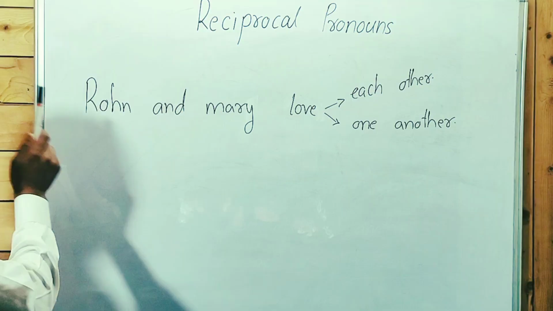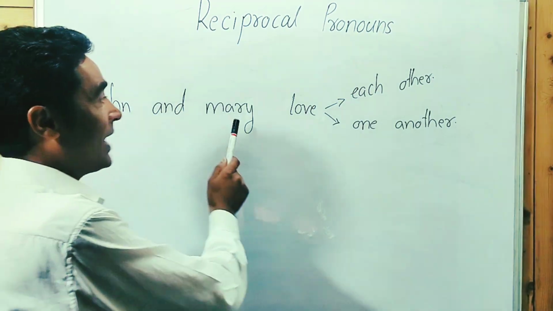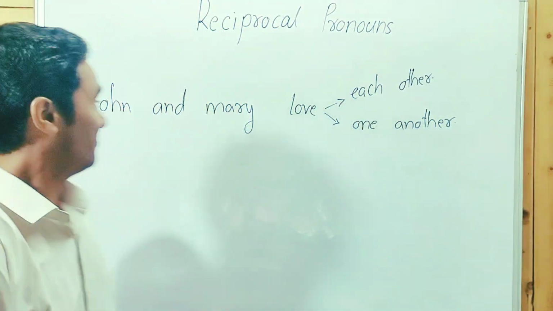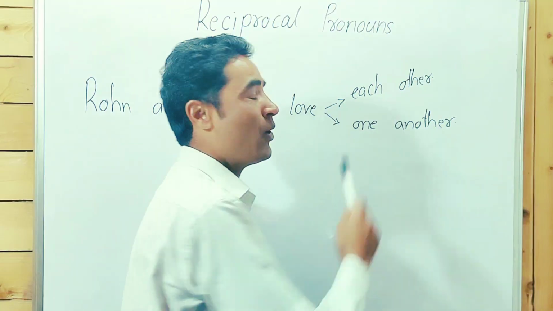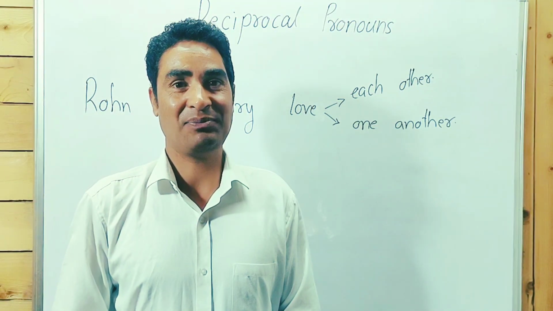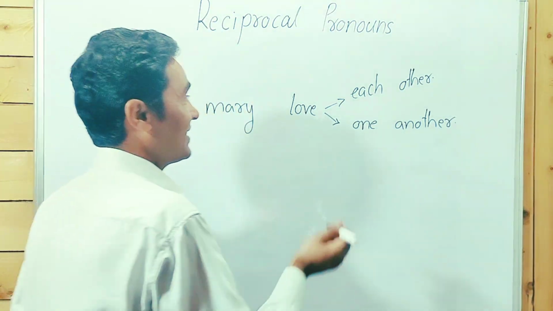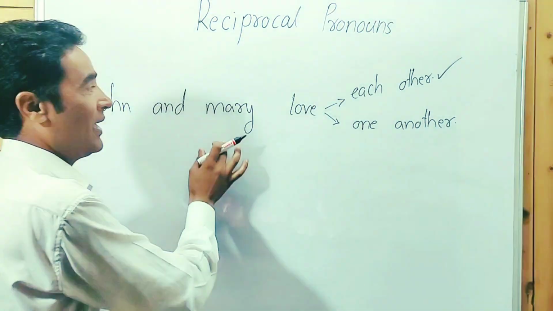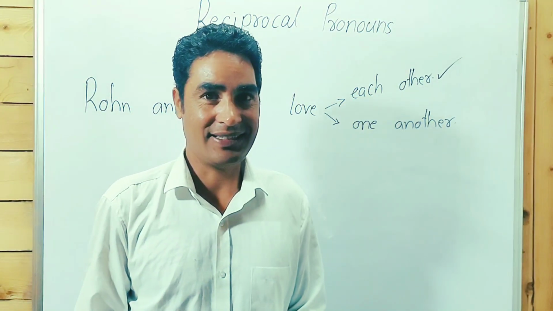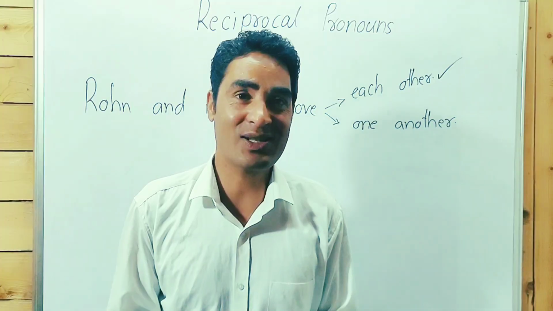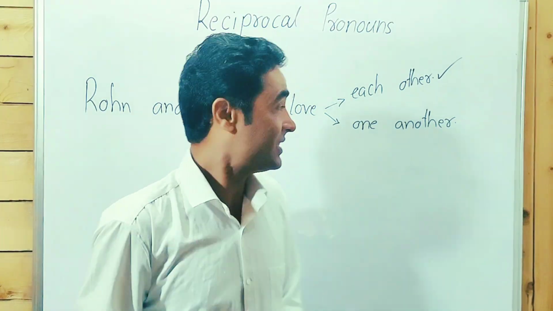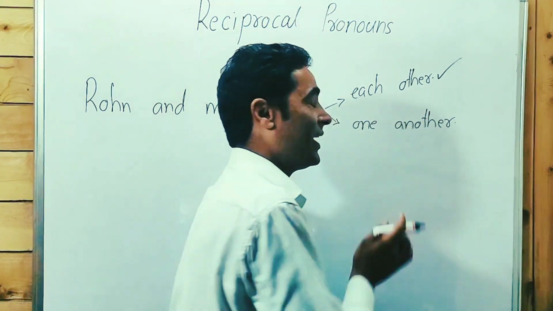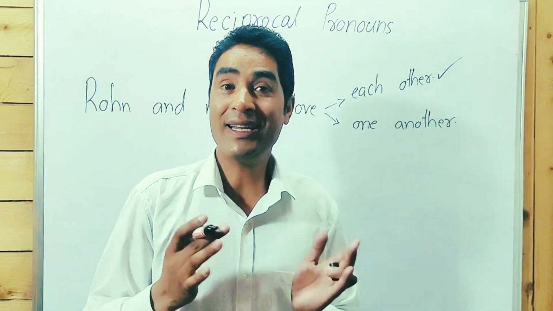Here is a sentence: Rohan and Mary love each other. Rohan and Mary love one another. Which one is correct? This one is correct: Rohan and Mary love each other. Each other stands for 2 people or things, and one another stands for more than 3 people or things.